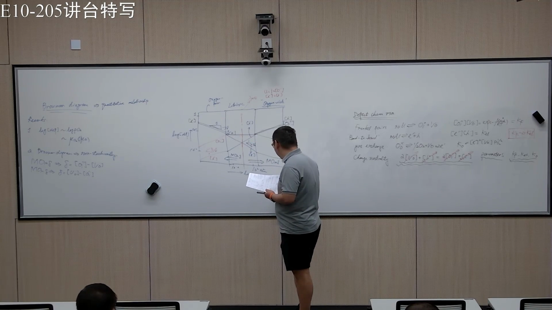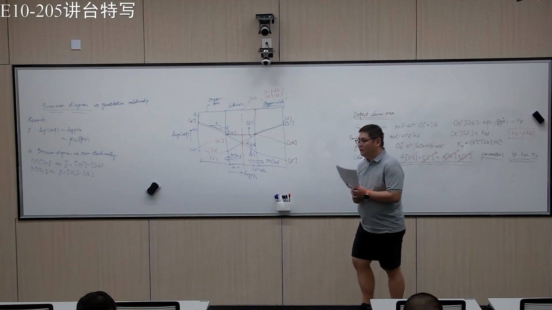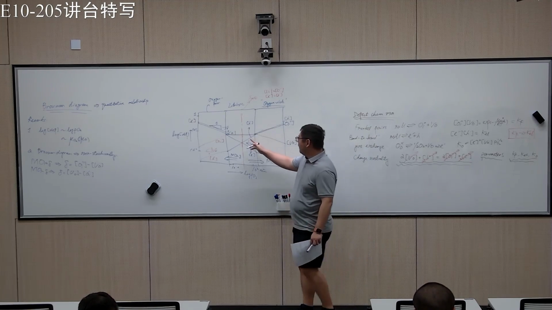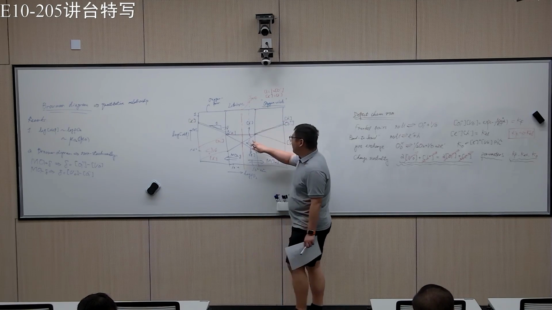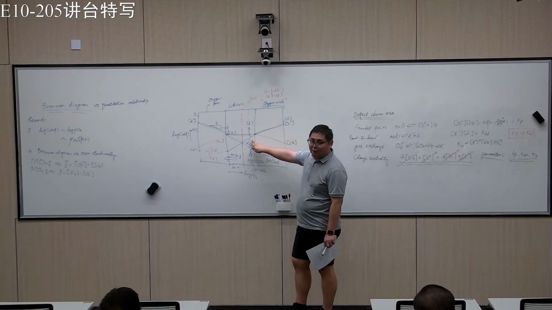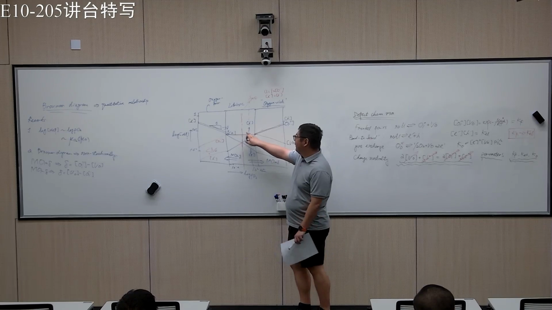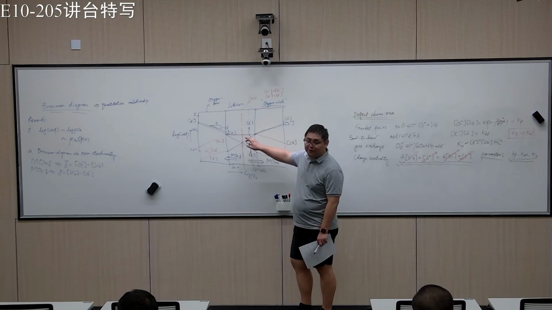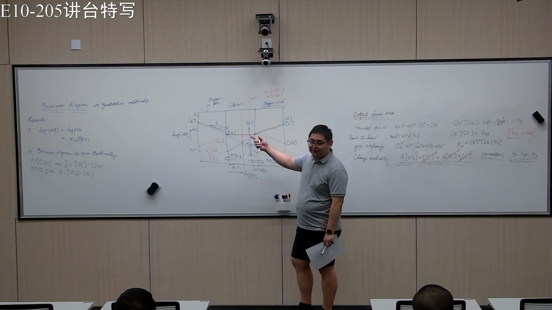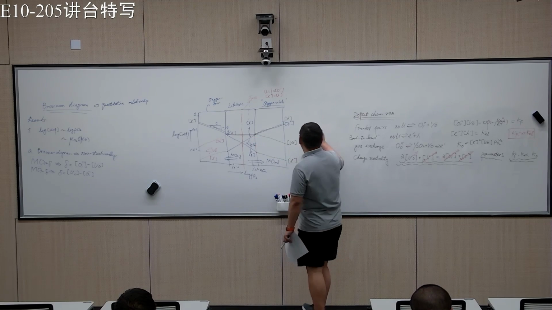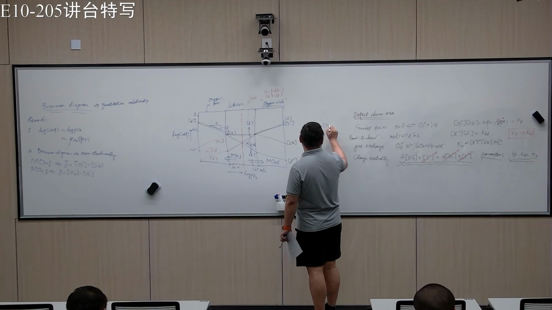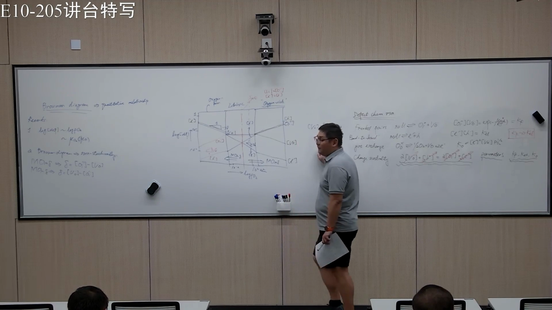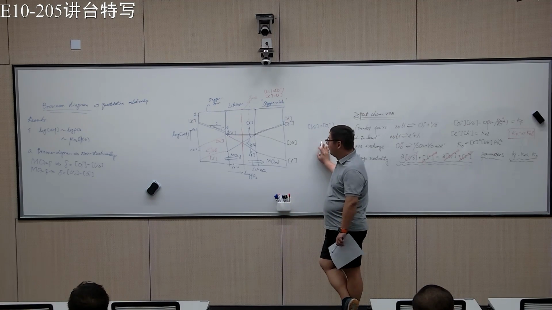There is a potential misunderstanding of the Brouwer diagram. For example, if I draw a line here, from the boundary condition we write that the oxygen vacancy number should be the same as the oxygen interstitial number. This is the boundary condition we use.